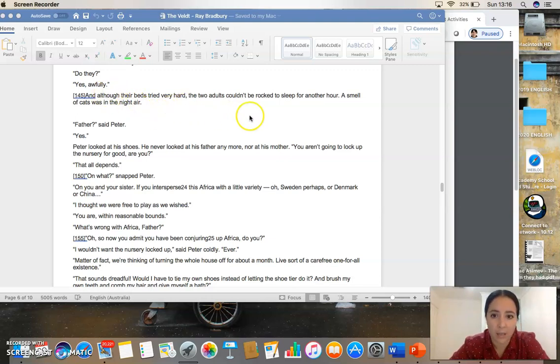Again, we know that beds may have the ability to rock or move, but they do not have the human trait of rocking someone to sleep and trying very hard to. So those are some examples of personification used.